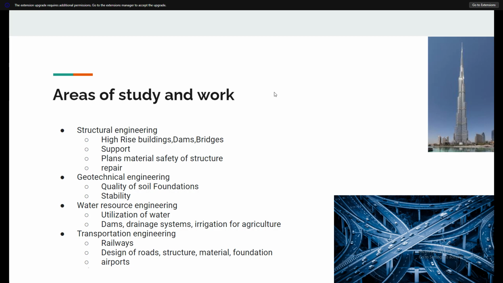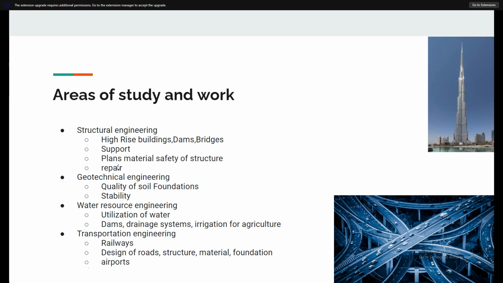So one type of civil engineering is structural engineering, which basically deals with high-rise buildings, dams, bridges, and structures like the Burj Khalifa, which is to my right. So basically, structural engineering analyzes the structural integrity of a structure, and it plans the materials and determines the safety and supports of a structure to make sure people don't die while existing in the structure.